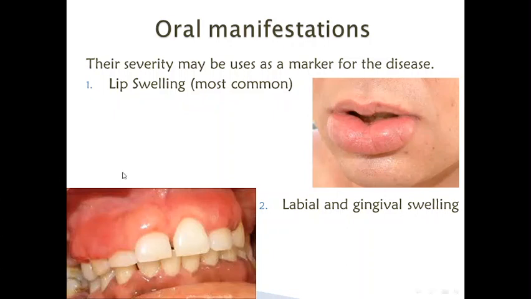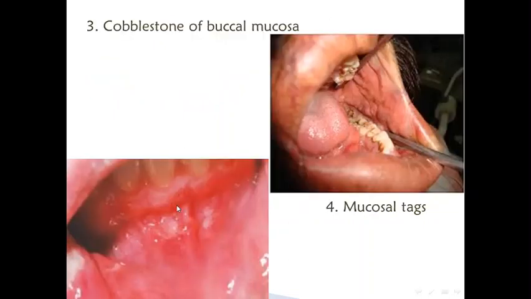Now the most common oral manifestation of Crohn's disease, lip swelling. As we can see here in the picture, it causes a diffuse swelling in the lower lip. It causes labial and gingival swelling. It causes a cobblestone appearance of the buccal mucosa. It gives areas of irregularity in the mucosal lining.